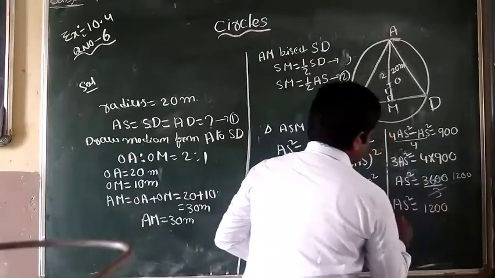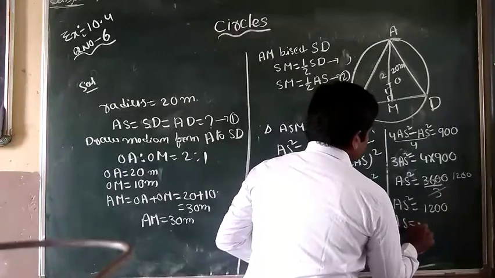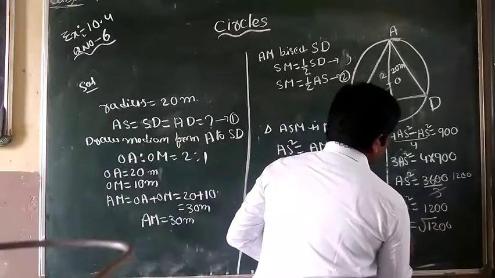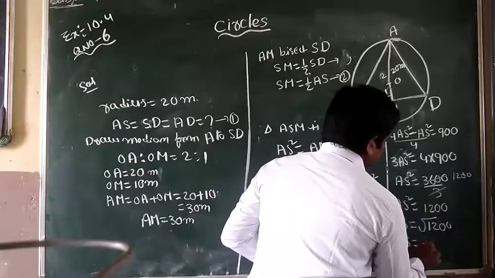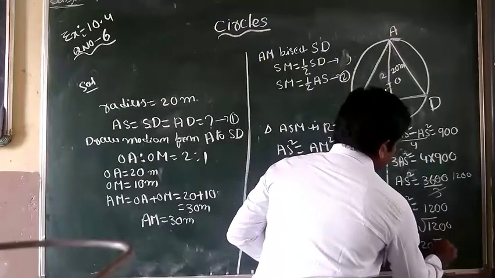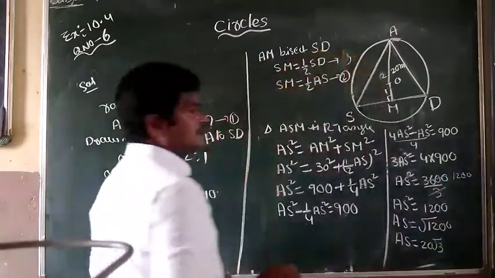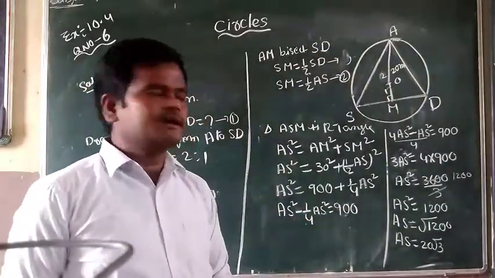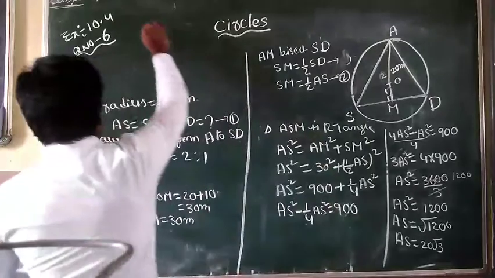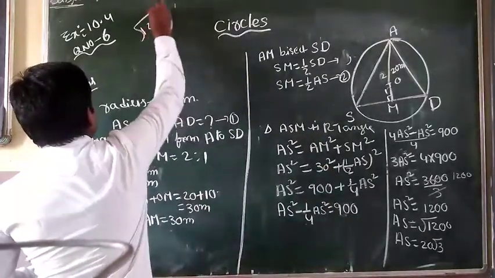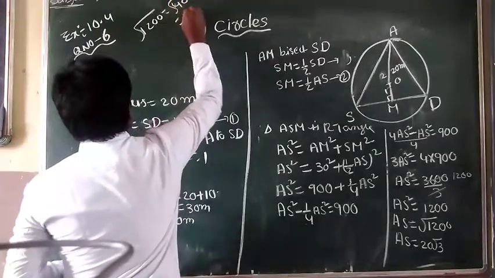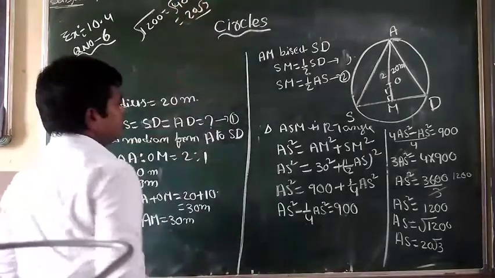So AS equal to square root of 1200. 1200 can be written as square root of 400 into 3, so this is equal to 20 root 3.